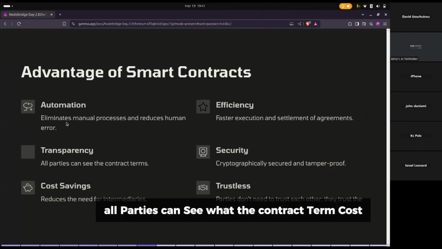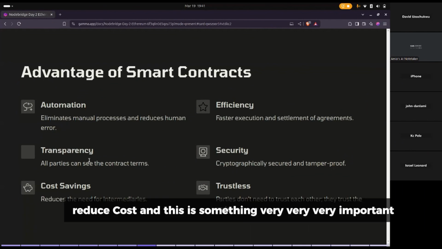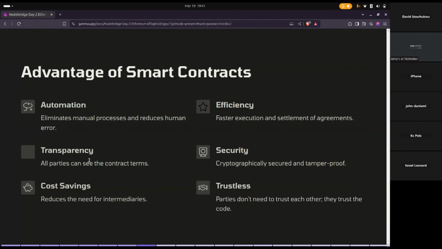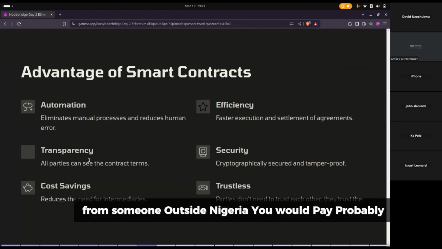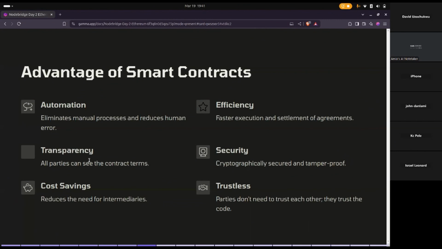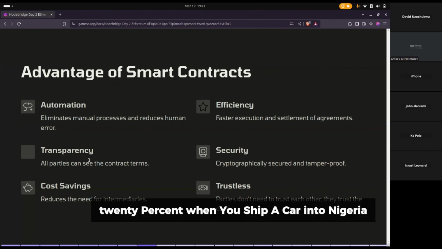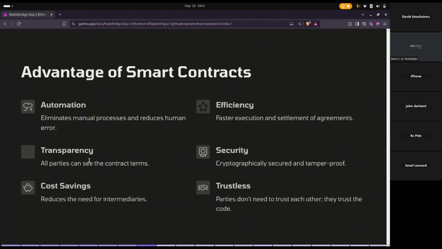Transparency: all parties can see what they contracted. Cost: reduced cost, and this is something very, very important. When sending money or trying to secure a contract from someone outside Nigeria, you would pay probably 20%. When you ship a car into Nigeria, you pay the same amount you bought it for outside.